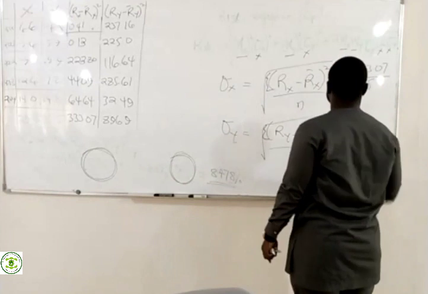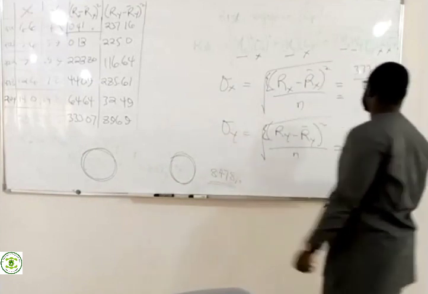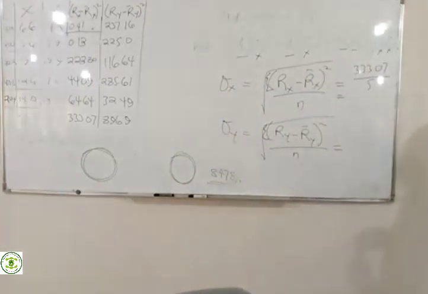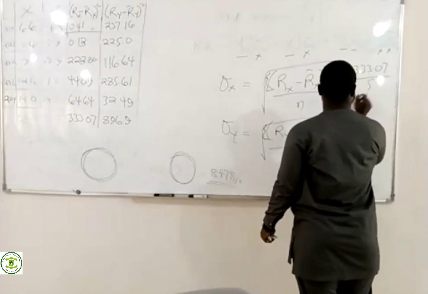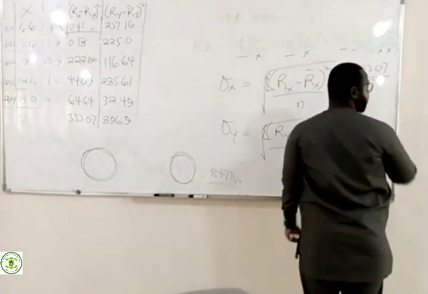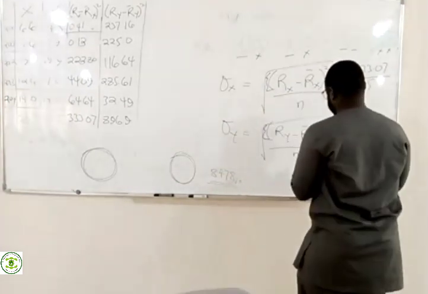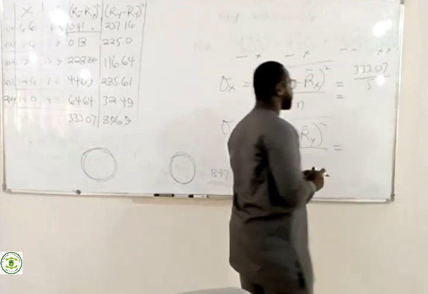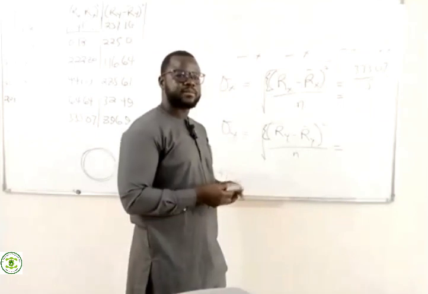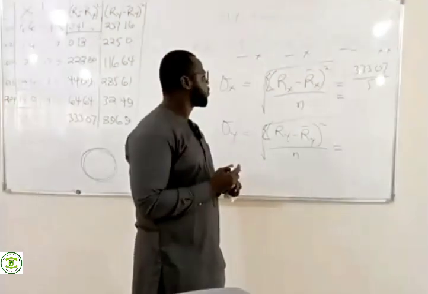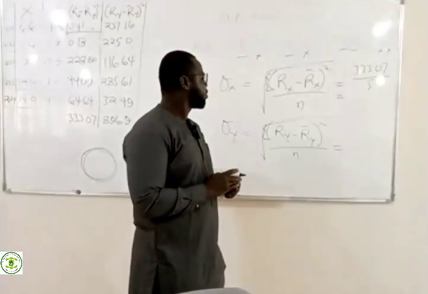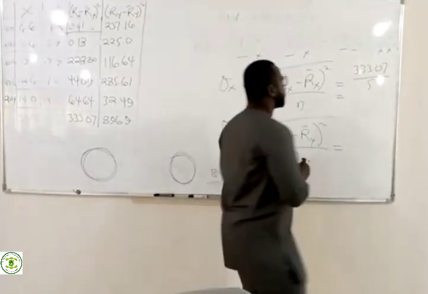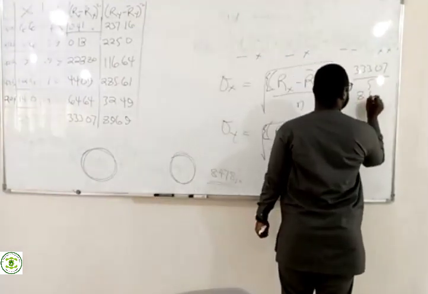So what will we get? 66 point, are we taking the square root? 8.16.